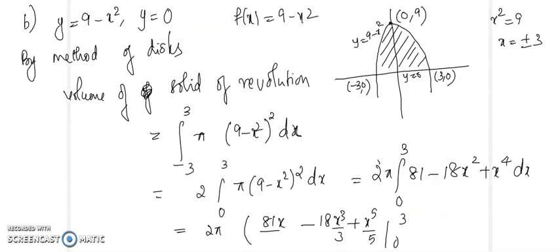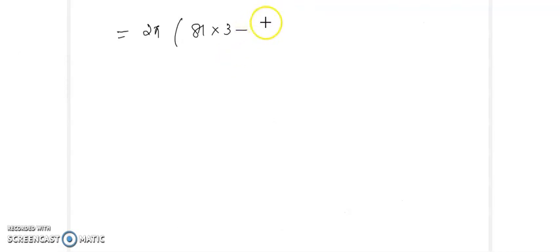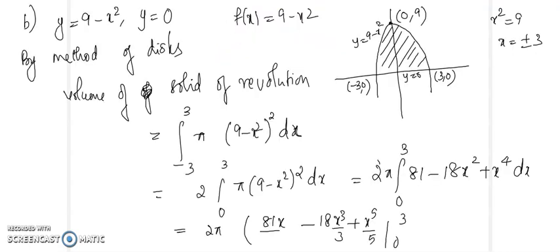So that is 2 pi, 81 into 3 minus 6 into 3 cube plus 3 raised to 5 by 5.